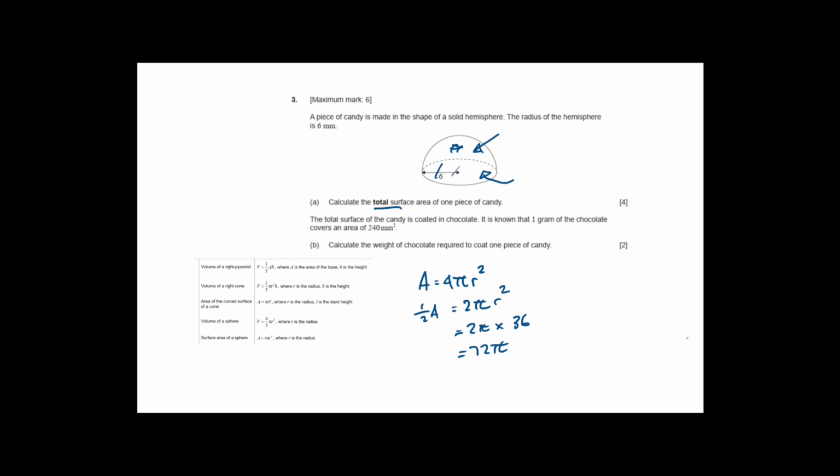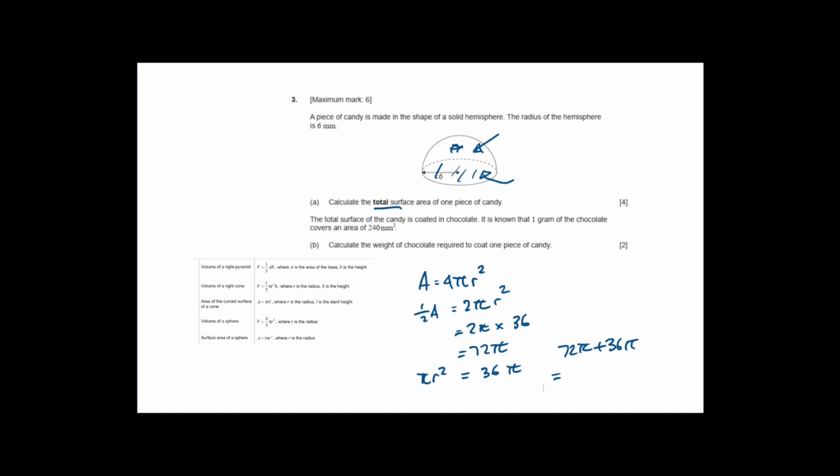And now we want the area of the circle, and that's going to be pi r squared. So r squared is going to be 36 times pi. So our total area is going to be 72 pi plus 36 pi in millimeters squared.